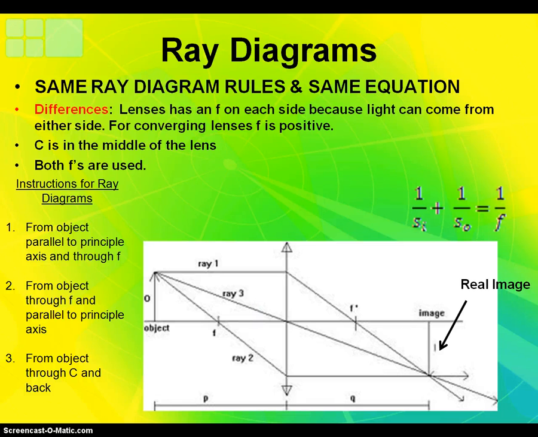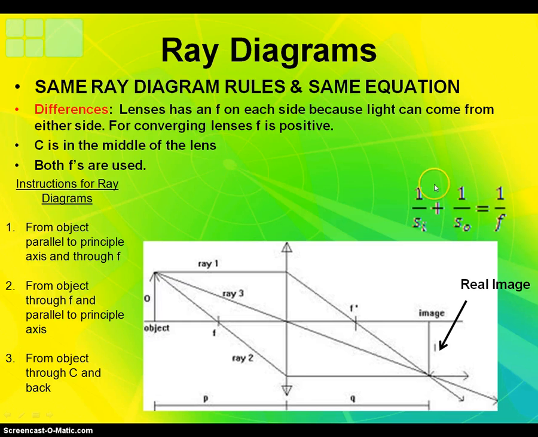What's nice about the lens equation and ray diagrams is that for a majority of the rules, they're all the same. There are only slight differences that we have to know about lenses from what we've already learned with mirrors. You have the same ray diagram rules and the same equation, but there's a little bit of difference.